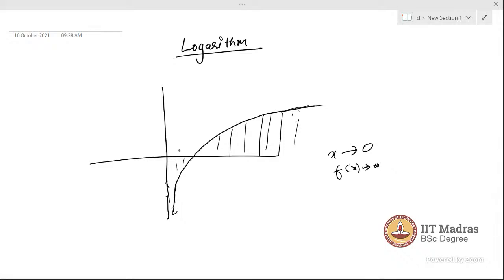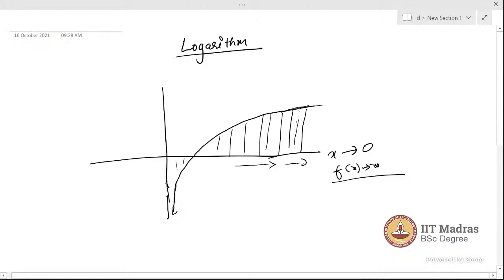When you approach this graph, when you go to the 0, you never actually reach that 0 value, and as you approach 0, this graph goes to minus infinity. That is one way of understanding it. Look at this part: your x is increasing and there are no limitations on this.